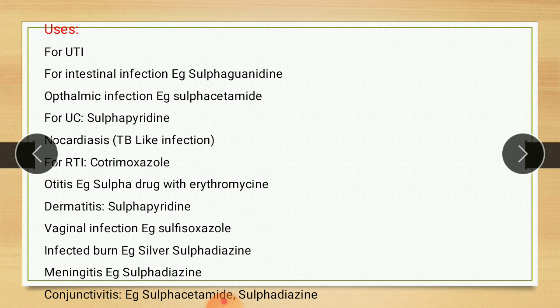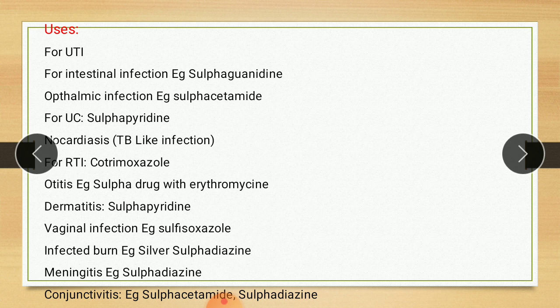Then also used for RTI, respiratory tract infection. Example is cotrimoxazole, that is combination therapy. Then otitis, that is inflammation of the ear. Example, sulfa drug with erythromycin. Erythromycin is an antibiotic. Then this drug is also used for dermatitis, that is inflammation of skin.